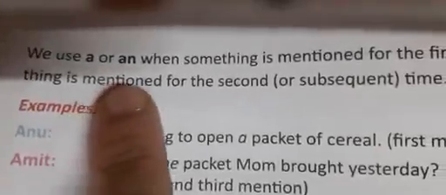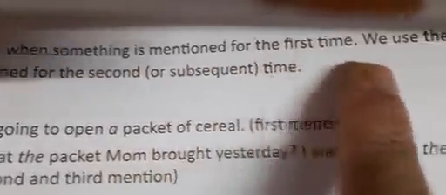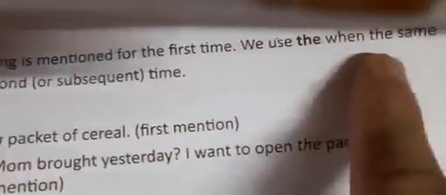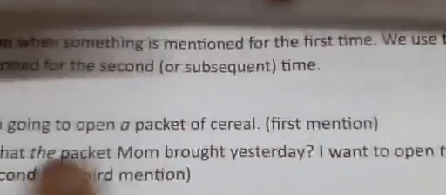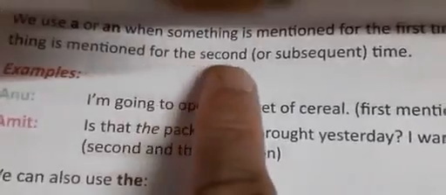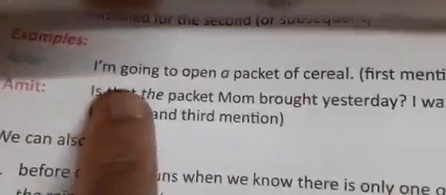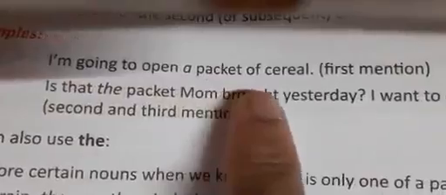We use a or an when something is mentioned for the first time. We use the when the same thing is mentioned for the second or subsequent time, more than one. Examples: Anu: I am going to open a packet of cereal.